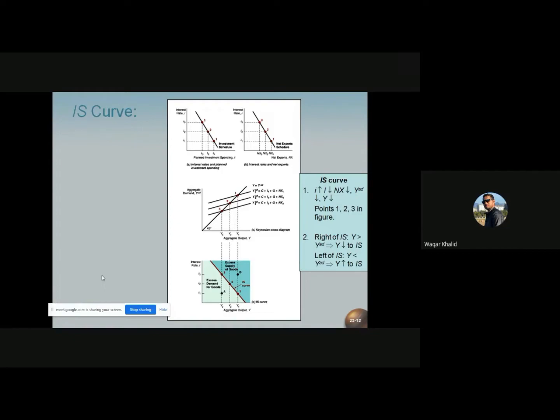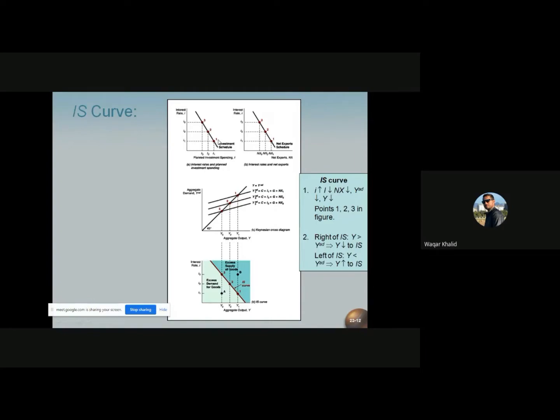If this relationship is inverse, you can see the negative relationship between the interest rate and planned investment spending from this investment schedule. The small i represents the interest rate and the capital I represents planned investment expenditures. So when the interest rate rises from i1 to i2, planned investment spending decreases from I1 to I2.